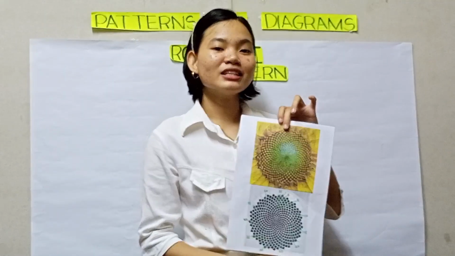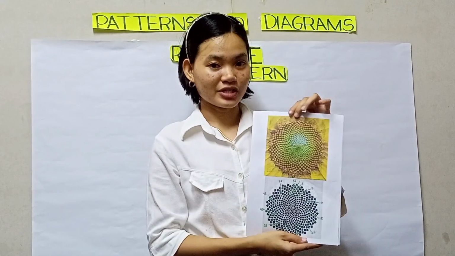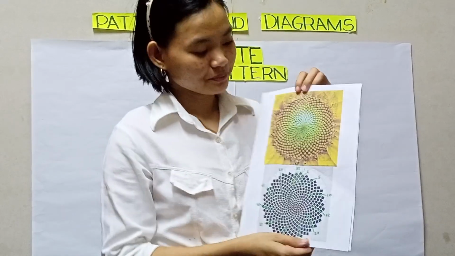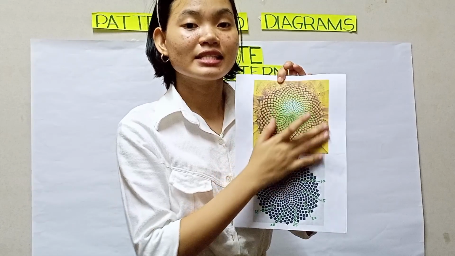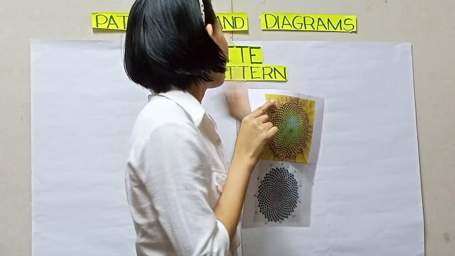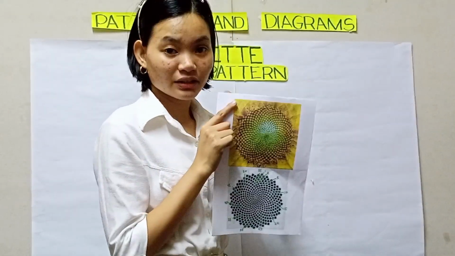The first example is commonly found in nature. That's why mathematics is all over the world. The first example is called the sunflower seed arrangement. As you can see, the sunflower has seeds, and its seed arrangement exhibits Rosette pattern.